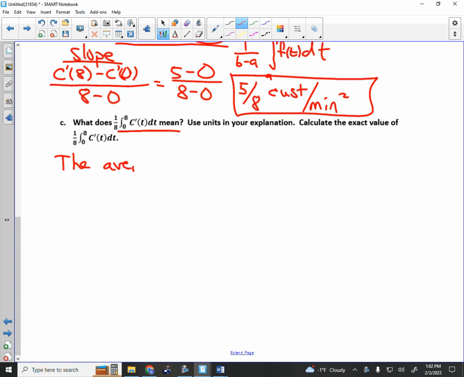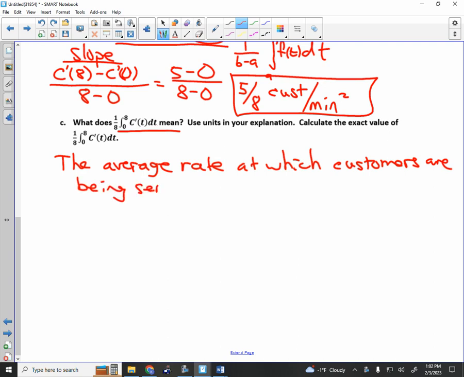This means the average, and then let's just talk about what this function is. What is this function? It means the rate at which customers are being served, right? So the average rate at which customers are being served from t equals 0 to t equals 8.